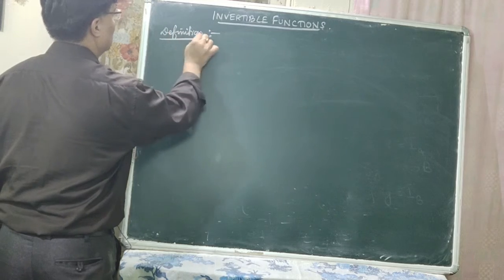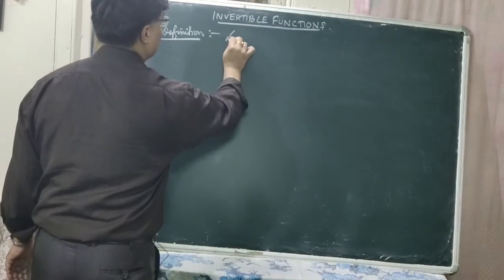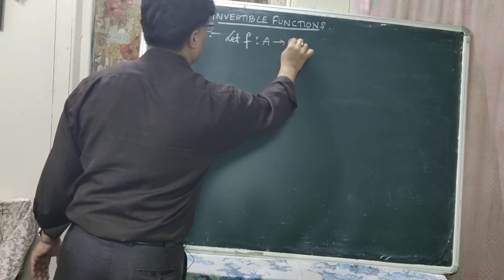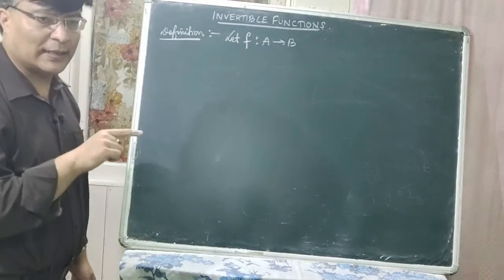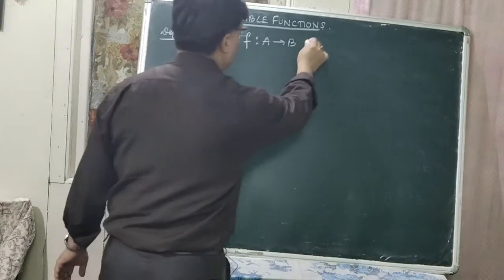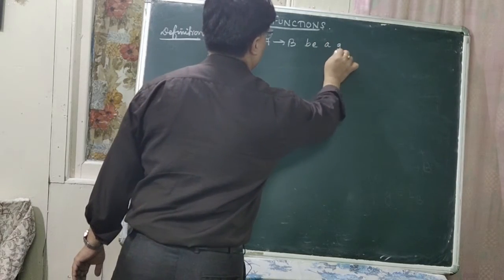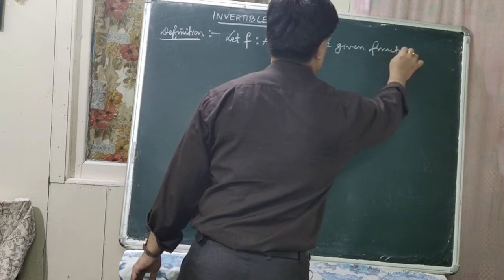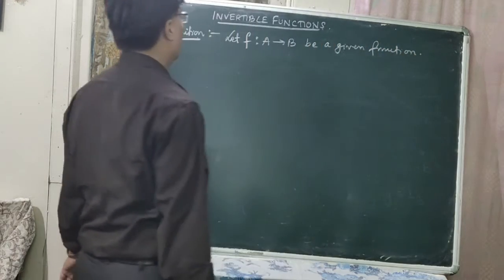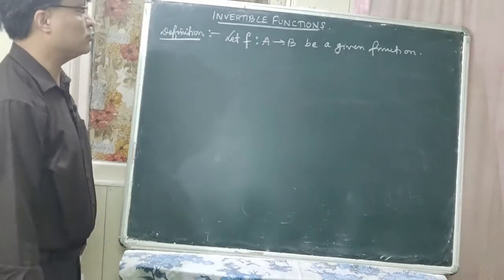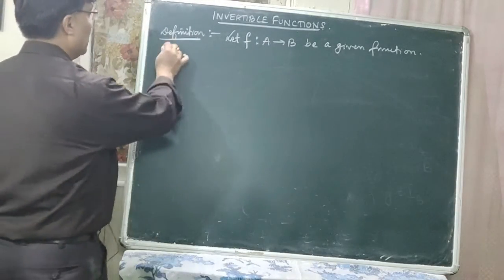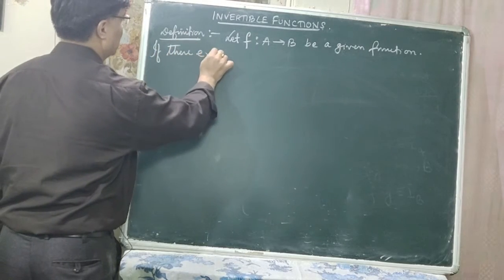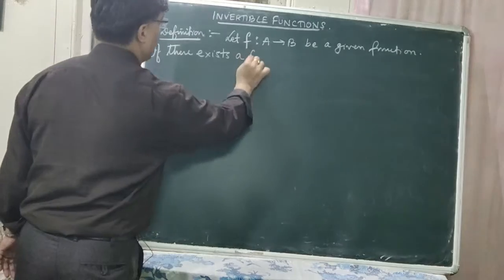So definition is: let f such that A to B be a given function.